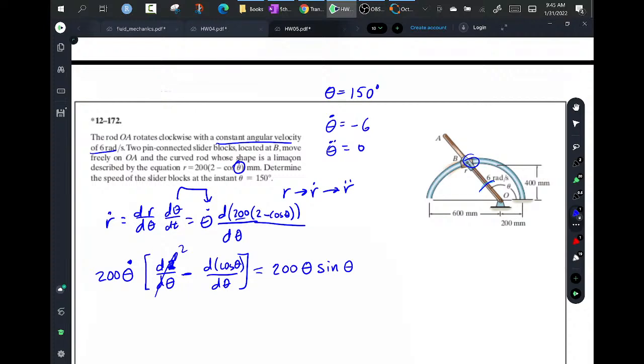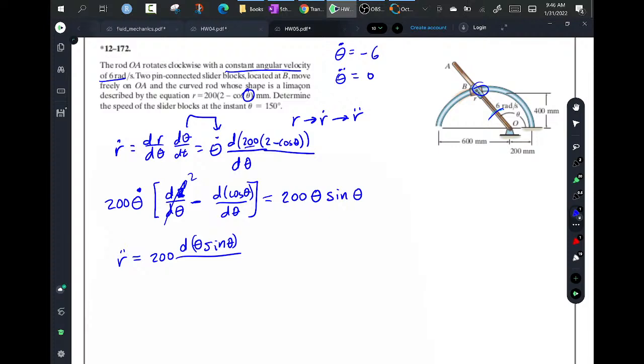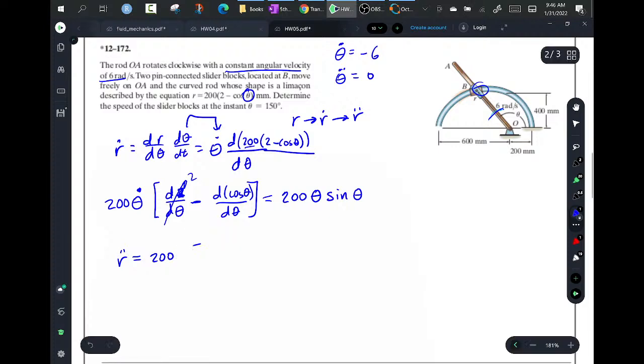Now, your next goal, take our double dot. Get rid of theta, sine of theta, or let's sort of break this down. First it'll be this.